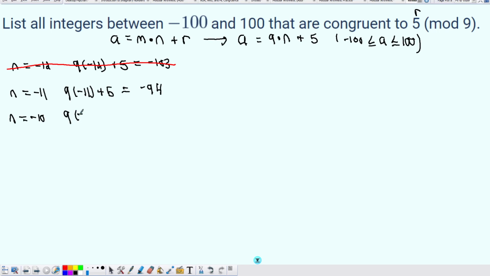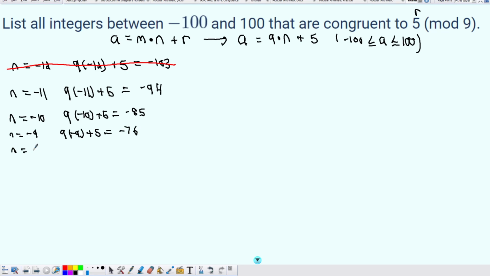And 9 times negative 10 plus 5 is equal to negative 85. So next one up is negative 9. 9 times negative 9 is negative 81, plus 5 is negative 76.